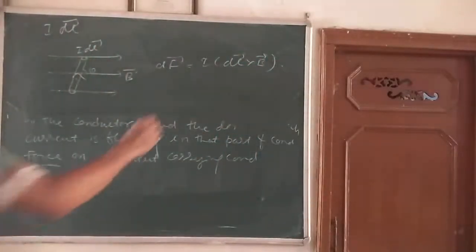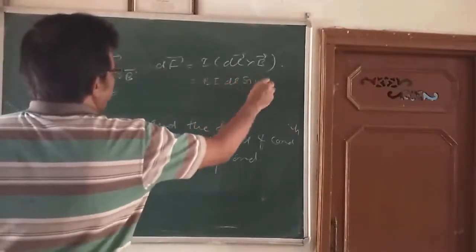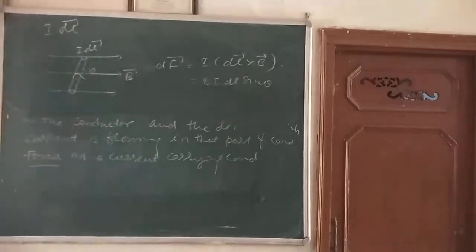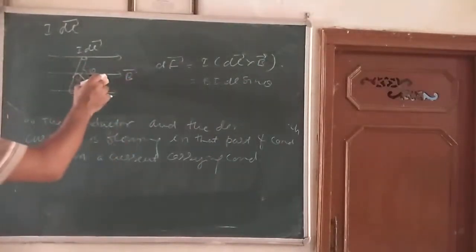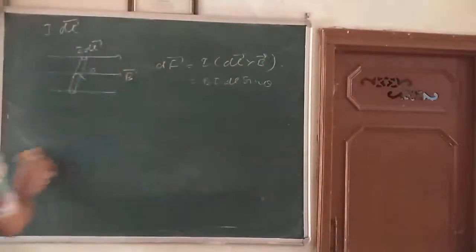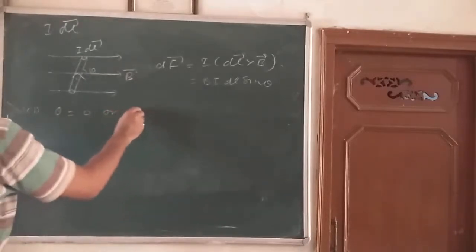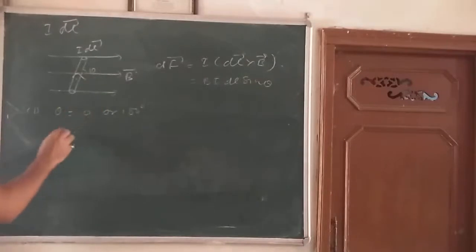So I can write here B I dl sin theta, open it, A cross B. This is the magnetic field and the current element, and the angle between them is theta. Now we take 2 or 3 special cases. First, when theta is equal to 0 or 180 degrees between the current element and the magnetic field.